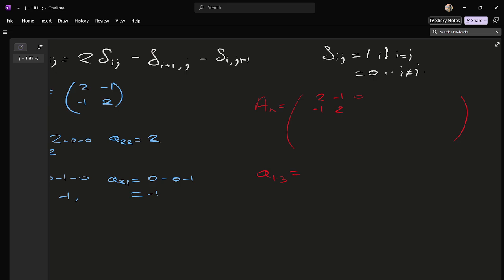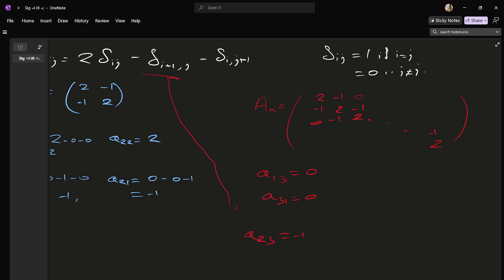Similarly, a31 will also be 0. Now we have to find the a23 position. For this case, our a23 will be minus 1, and similarly that is minus 1. So our matrix is this.